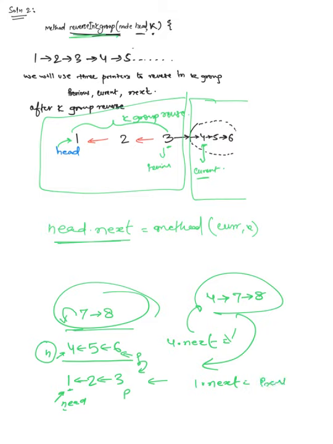What is previous here? Previous is nothing but 6. So 1 dot next is 6, and 6 is attached to the previous one. 6 is attached to 5, 5 is attached to 4, 4 is attached to 7, 7 is attached to 8. This is what we got.